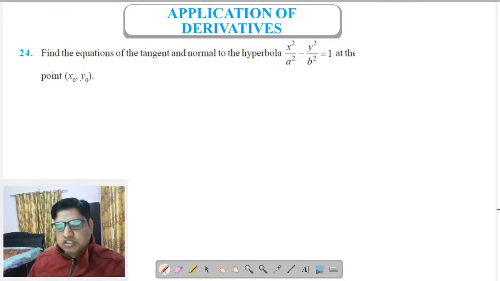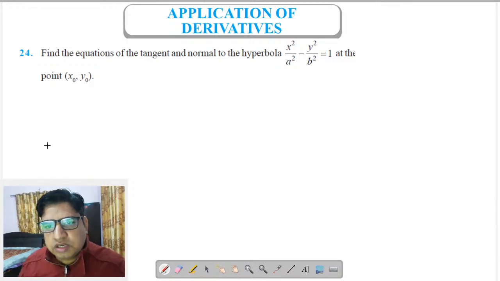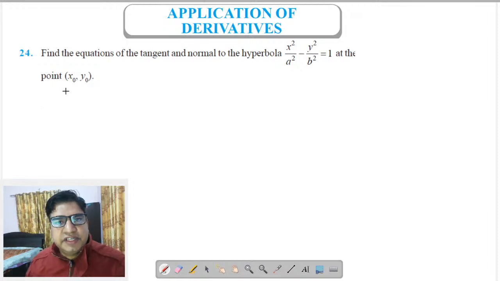Okay, so this is the equation of the hyperbola, and in order to find the tangent to the curve, whatever type of curve it may be, we need to apply the same rule. First of all, we need to find the slope of the tangent line and then put that into the equation of a line.